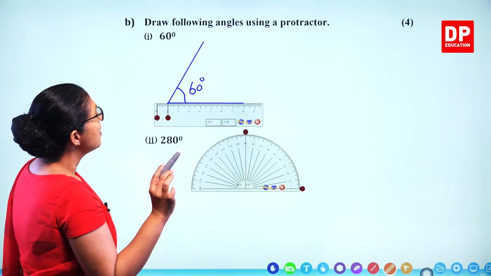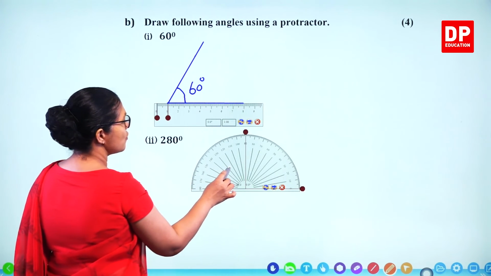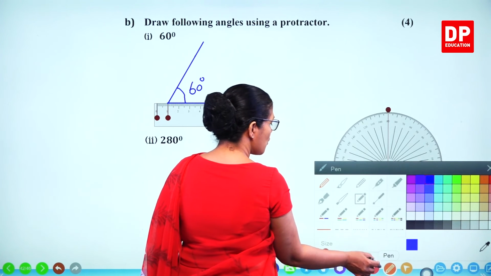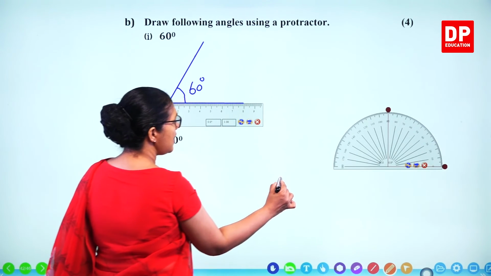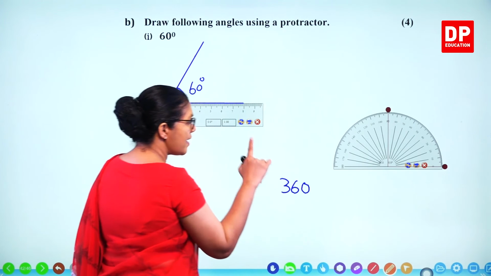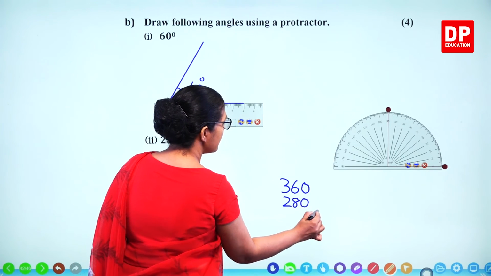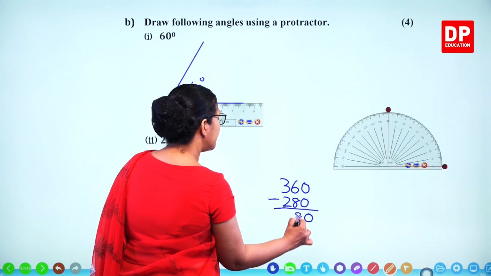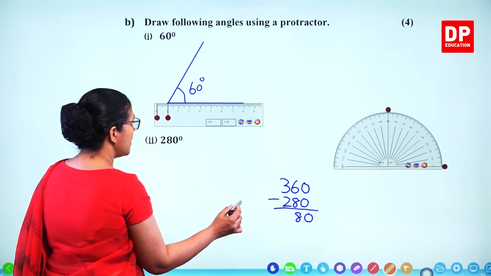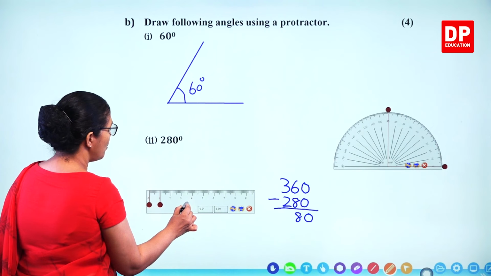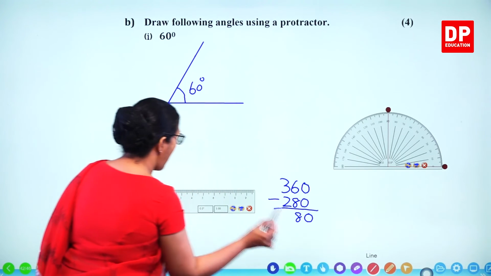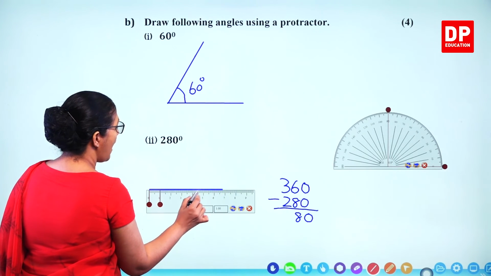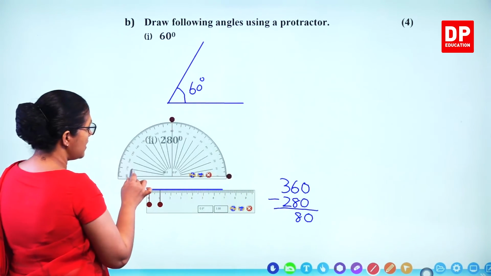Now drawing 280. So you can't draw 280 because 180 is the maximum. So what you do, you subtract and see what's the other angle. 360 minus 280, 80 degrees. So what you can do, you can draw 80-degree angle. So first draw a line and then measure 80-degree angle.